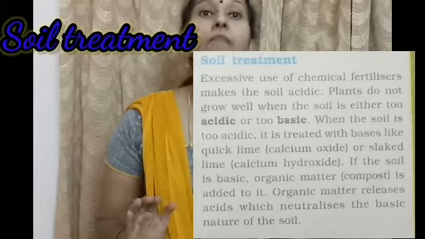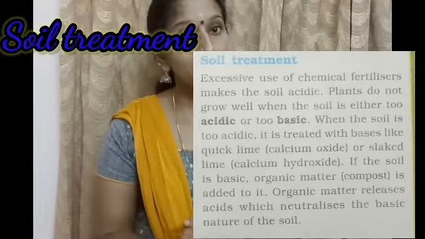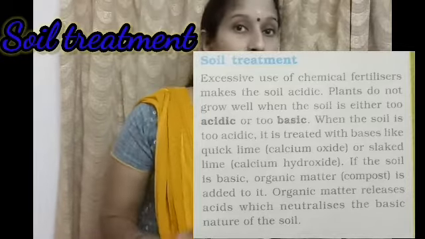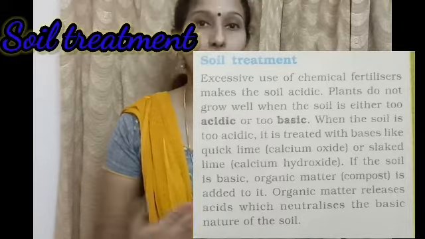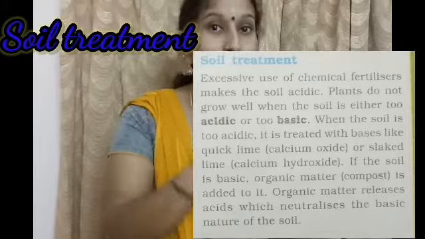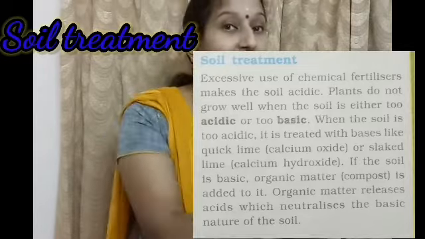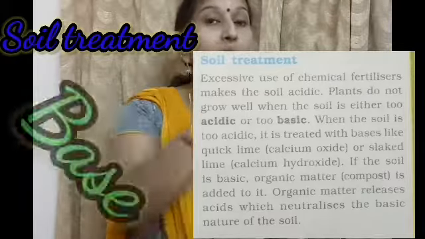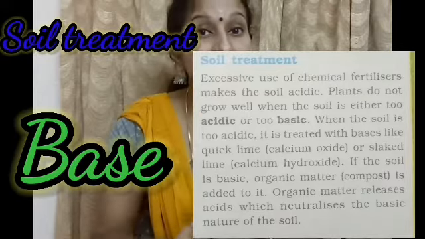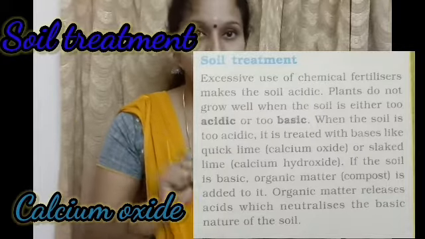So before cultivating something in the soil, we have to make sure whether it is acidic, basic or normal. If it is too acidic, use a base: acid plus base, a neutralization reaction. If the soil is too acidic, what do you have to use? You have to use a base such as calcium oxide.